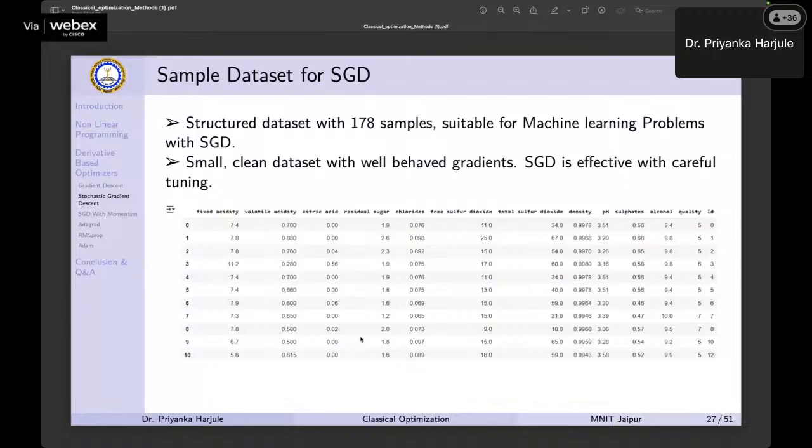So now the disadvantage that the stochastic gradient descent comes up with is that it cannot work with loss surfaces which have complex topography.